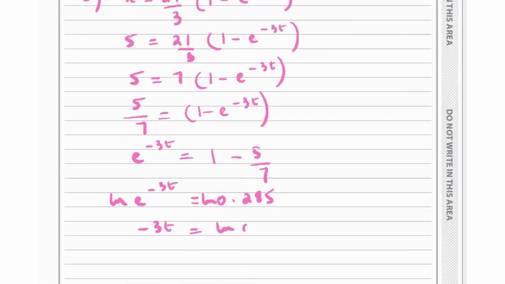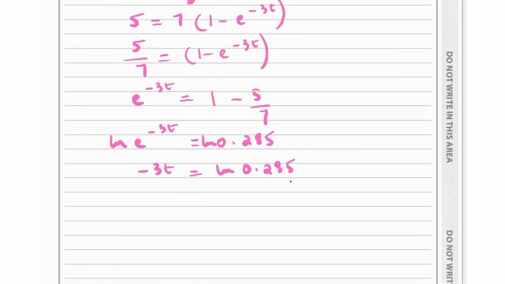So this equals ln 0.285. So t is going to be ln of 0.285 divided by negative 3, which gives us a value of 0.42 seconds. Yes, that's your answer.